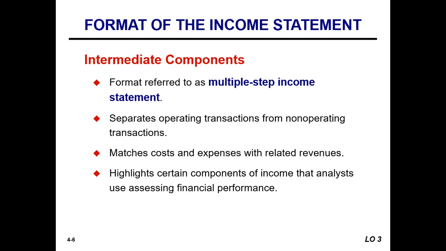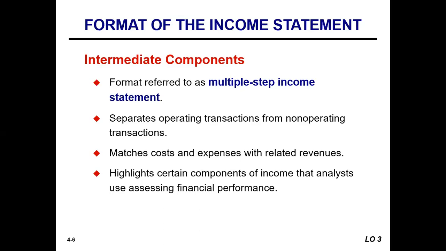In a multi-step income statement, we take revenue minus cost of goods sold equals gross profit, minus operating expenses equals net income from operations. And then from there, we want to add any gains or other revenues, subtract any losses or other expenses, and also income taxes. And then there's a few other things that we need to consider in there.